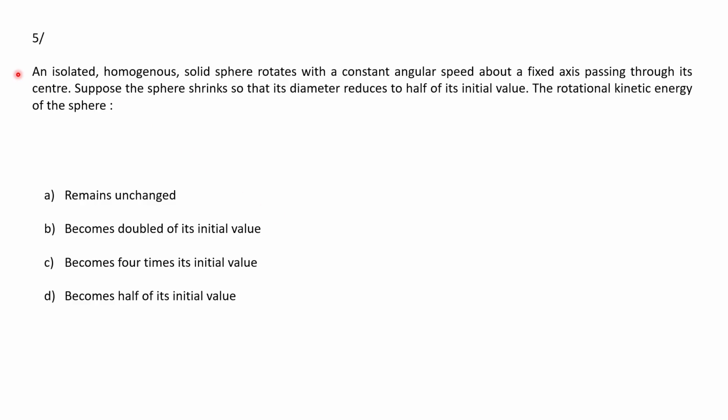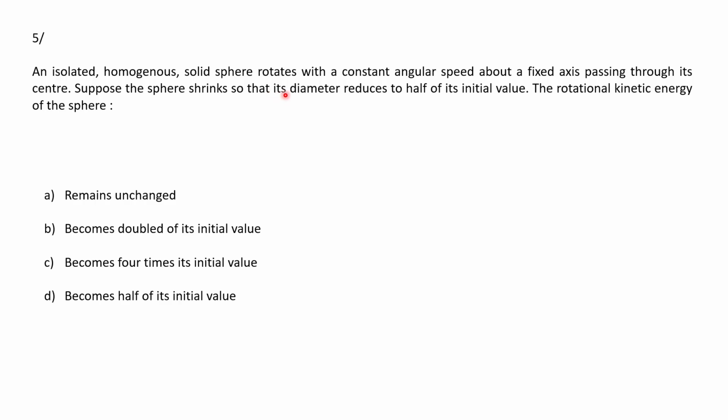Then, an isolated homogeneous solid sphere rotates with a constant angular speed. I think this should be conserved angular momentum, but whatever, it's a constant angular speed, about a fixed axis passing through its center.